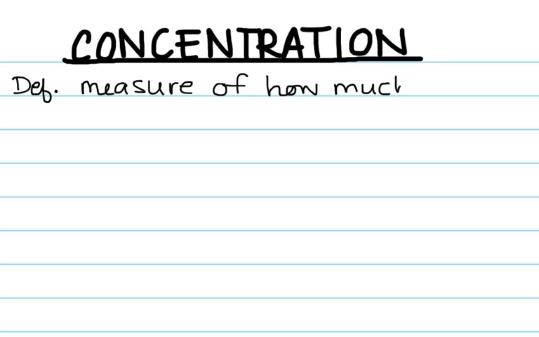Today's topic is concentration. So we've been talking about solutions, and concentration is what we use to measure the amount of stuff in a solution. The definition of concentration is the measure of how much solute is dissolved in a given amount of solvent.